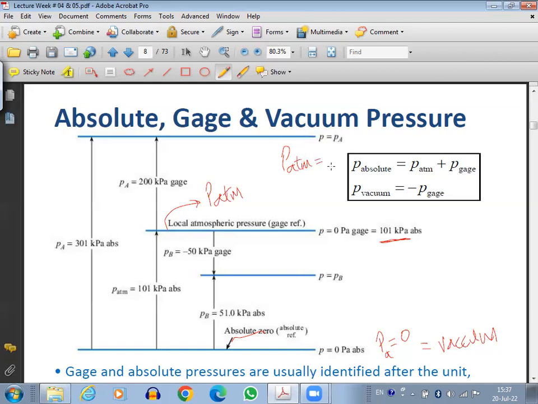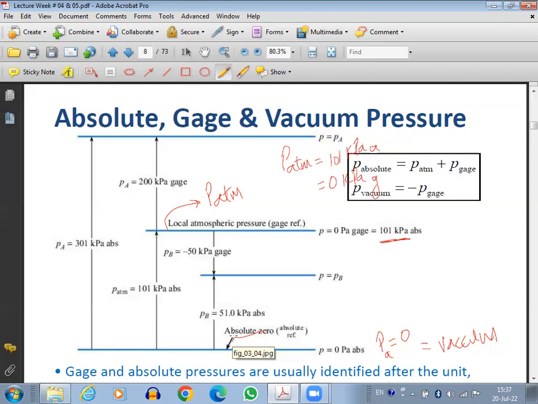P atmosphere is equal to 101 kilopascal absolute or 0 kilopascal gauge. When I'm saying 101 kilopascal, I'm taking the reference as the vacuum, so this is the absolute value.